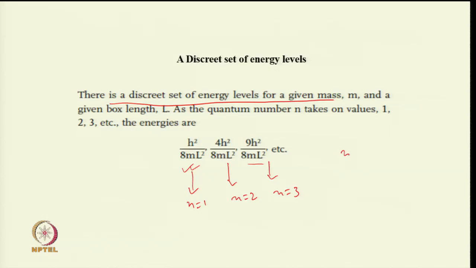As we know, the energy is given by n square h square by 8 m L square. So, if n is equal to 1, you have h square by 8 mL square, when n is equal to 2 you have 4 h square by 8 mL square, and when n is equal to 3 you have 9 h square by 8 mL square.